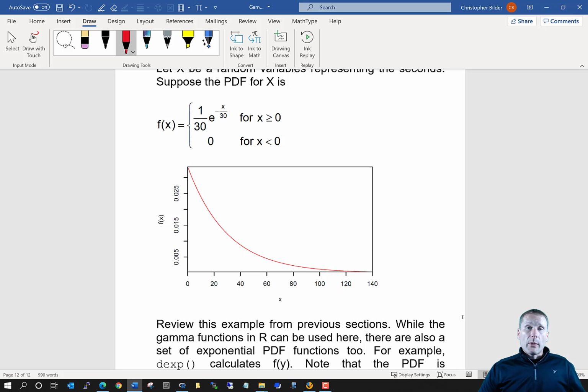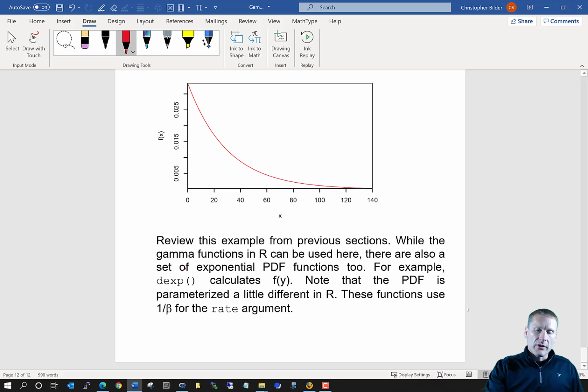Now, similar to what we have for the gamma PDF or the normal PDF, there are specific functions available to you in R that allow you to do various calculations with the exponential PDF. In particular, there is a function called dexp. And what that function is going to give you is your f of y.